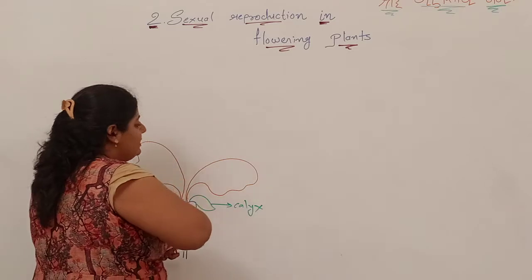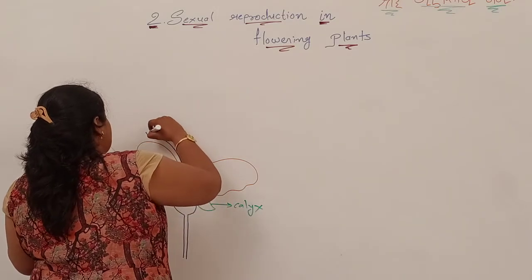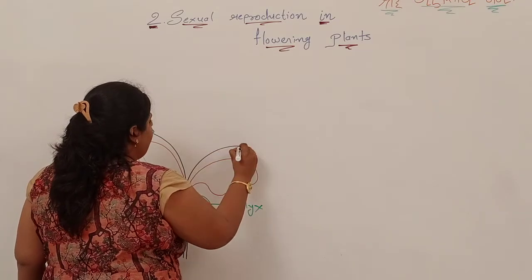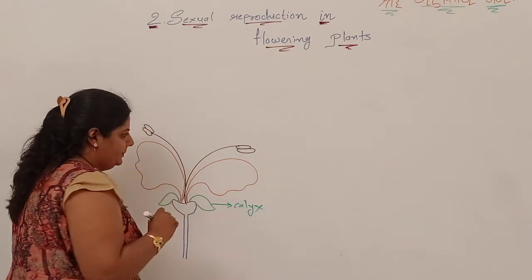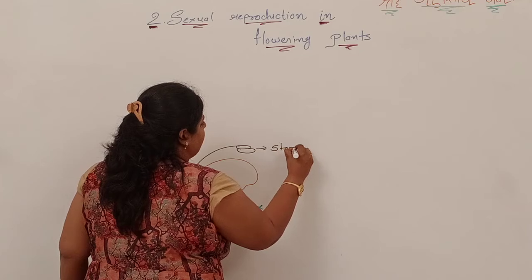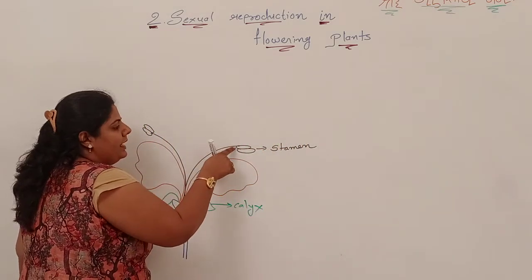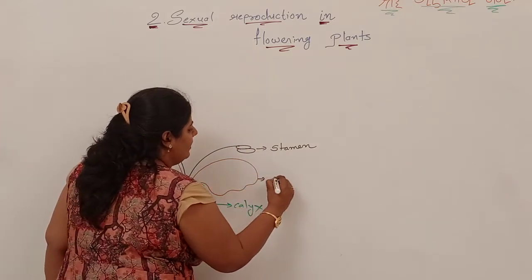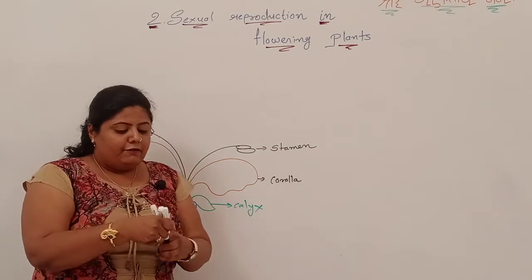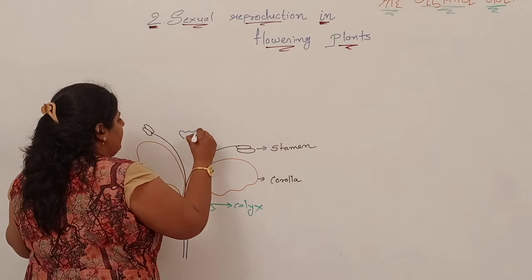Third part, which is a reproductive organ, androecium or stamen. It's called the male reproductive organ. Three parts are there: filament, connective and anther. Last portion, the female reproductive portion, carpel.